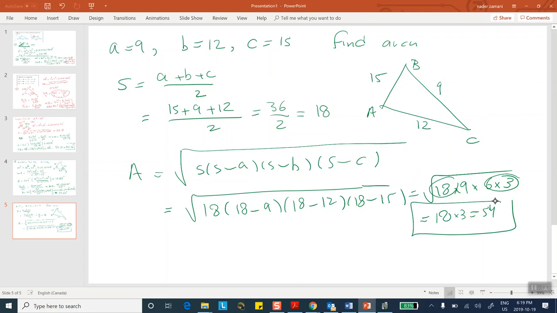54. Now, the way I would do this problem is as follows. Let me go to the next page.